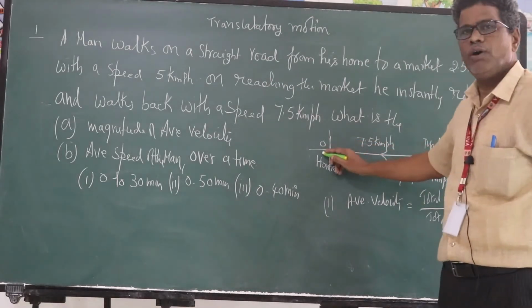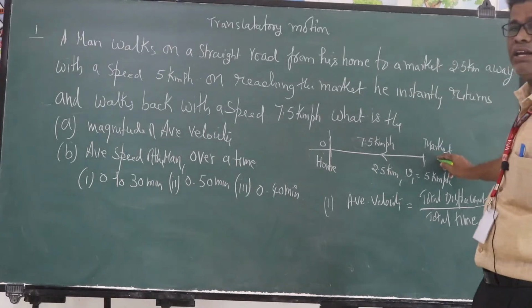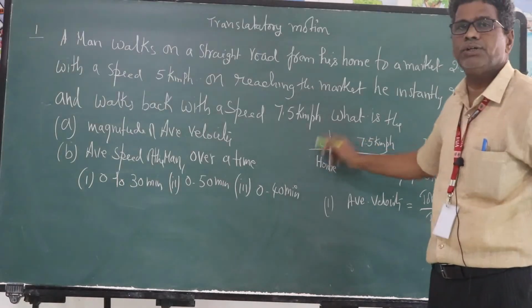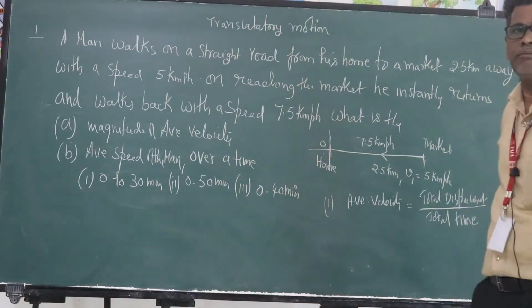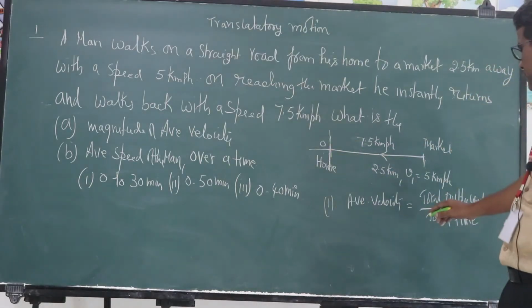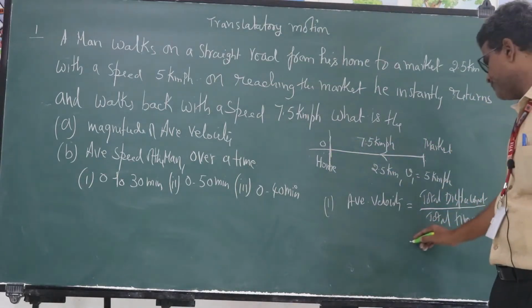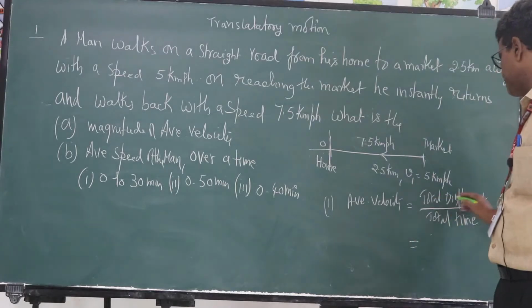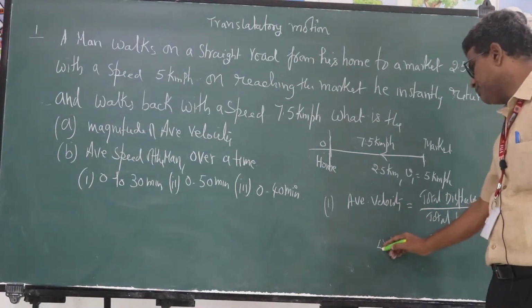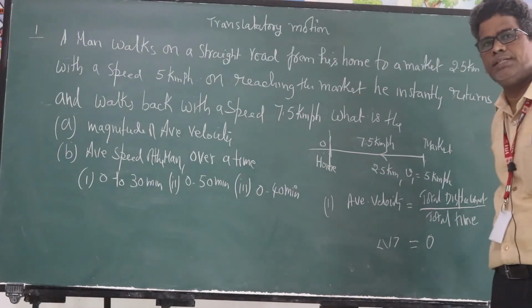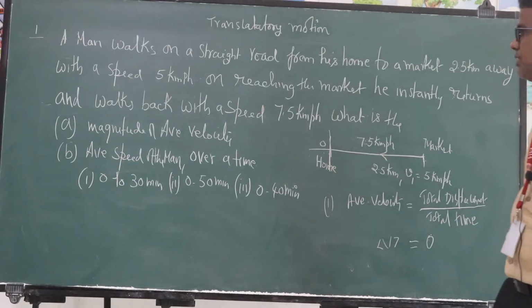He starts from home, goes to market, and returns back home. So the starting point and final point are the same. So the displacement is 0. So the average velocity is 0. This is the answer for the first question.